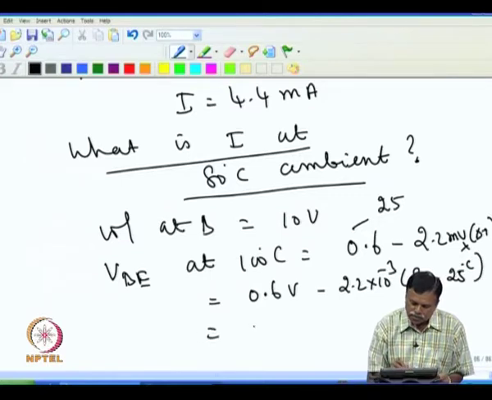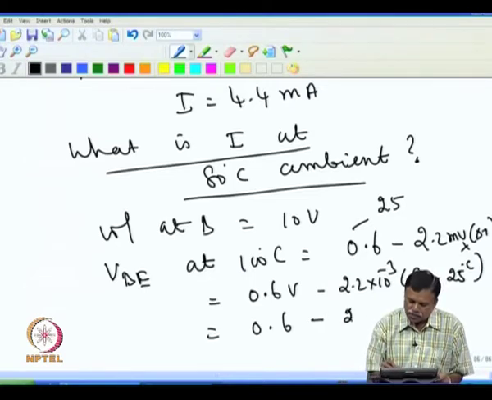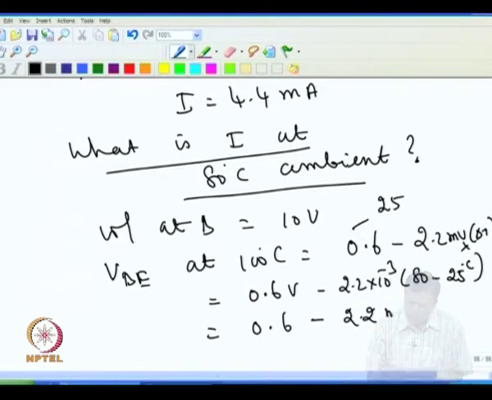So VBE would be 0.6 minus 2.2 into 55 into 10 power minus 3.